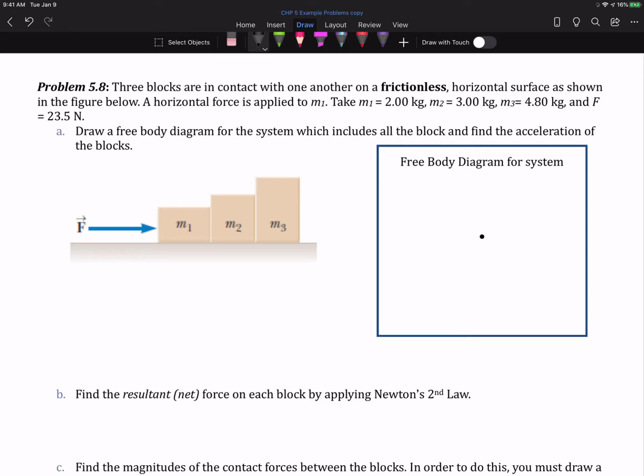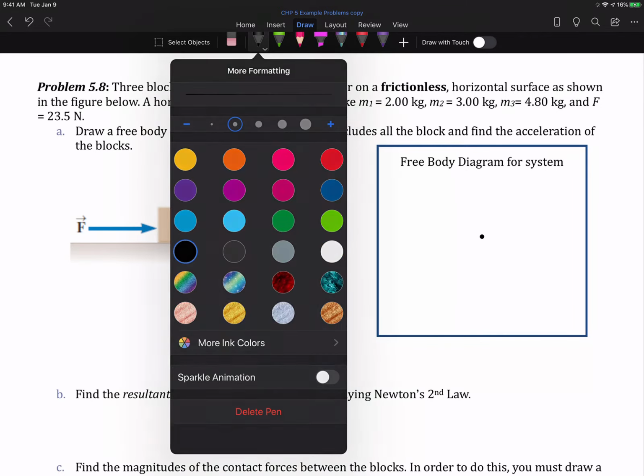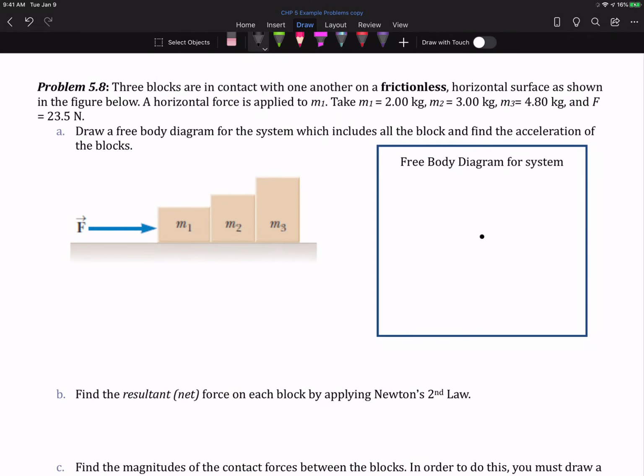So the first part of this question asks us to draw a free body diagram for the system, which includes all of the blocks together, and then we're going to use that to find the acceleration. So essentially, we can imagine that everything inside of this box that I've drawn is part of the system, so even if the masses interact with one another, we don't have to worry about any of those internal forces.